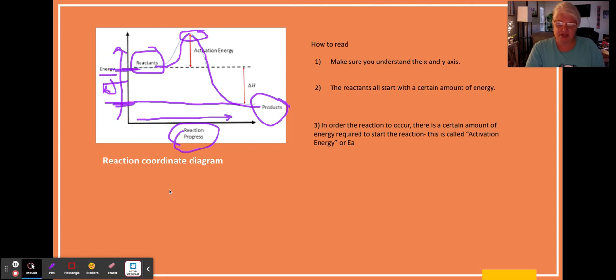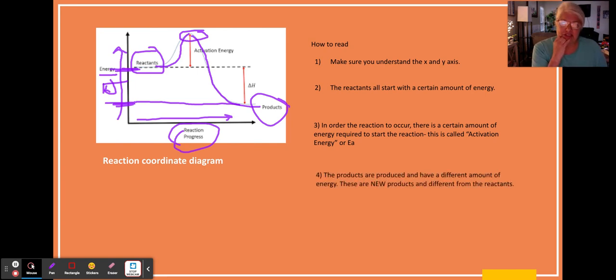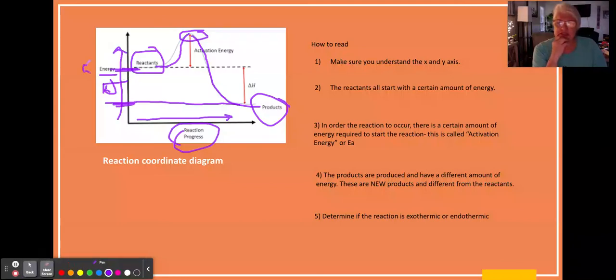So I want you to think to yourself, what happened to the energy? Did I lose energy or did I gain energy? And you can do this with numbers. So let's just put some numbers on here. Let's say this is 500 kilojoules. We know that down here is lower. So let's say this is 100 kilojoules.